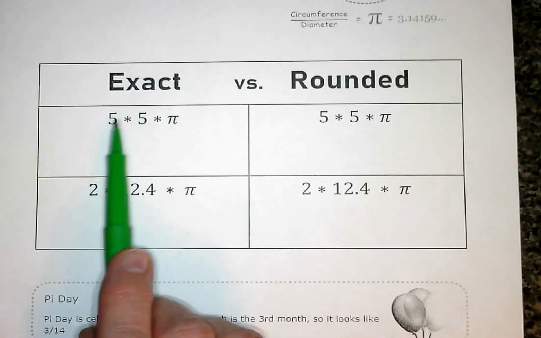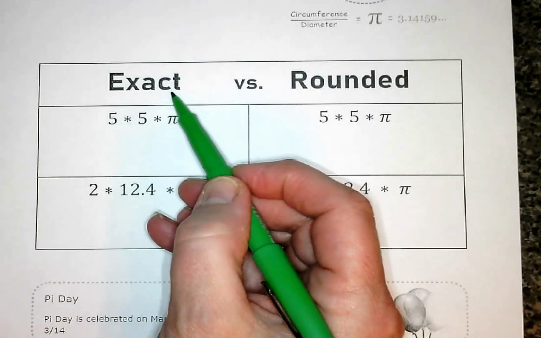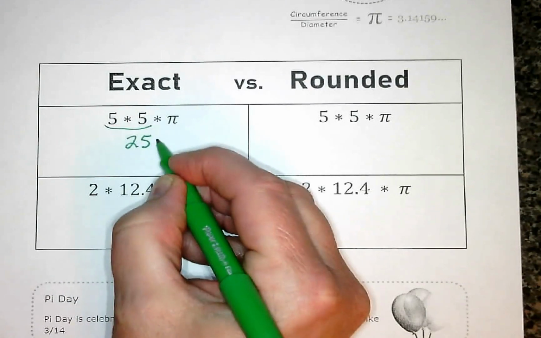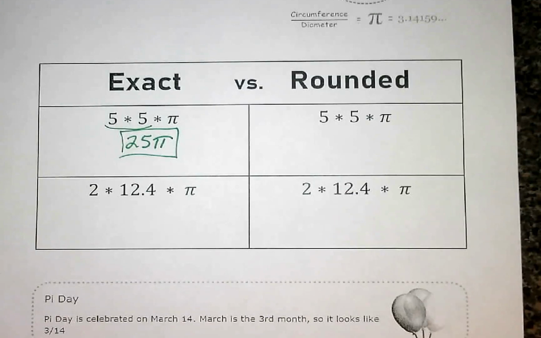So if I had this multiplication here, 5 times 5 times pi, and I wanted an exact answer, I would multiply the two numbers and then multiply that times pi. Now, I'm not actually going to multiply it out. I'm just going to leave it like that. That is the most exact answer that multiplication could be.